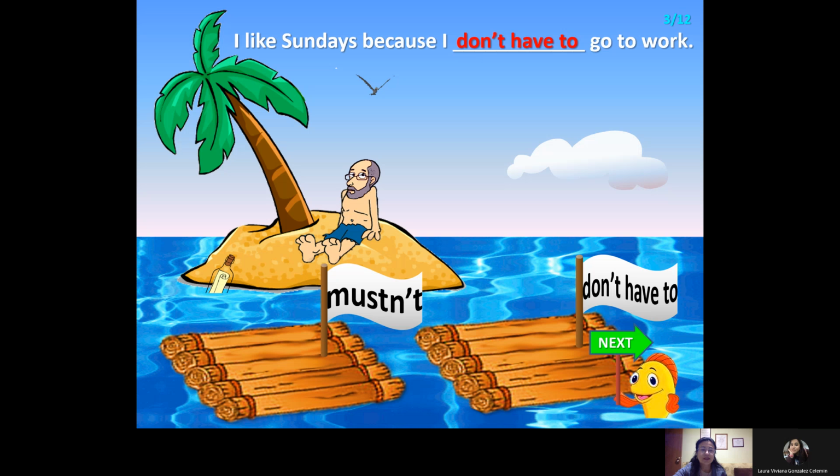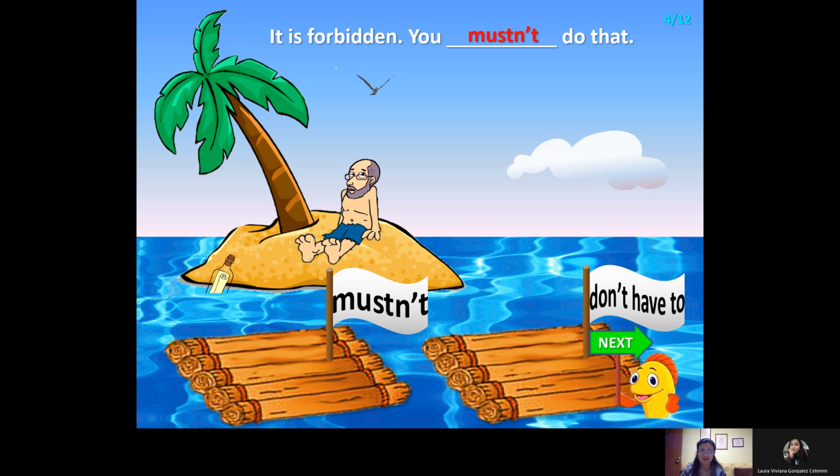Let's go with the next sentence. It is forbidden. Forbidden means prohibited. You mustn't do that, or you don't have to do that. What do you think is the appropriate answer?